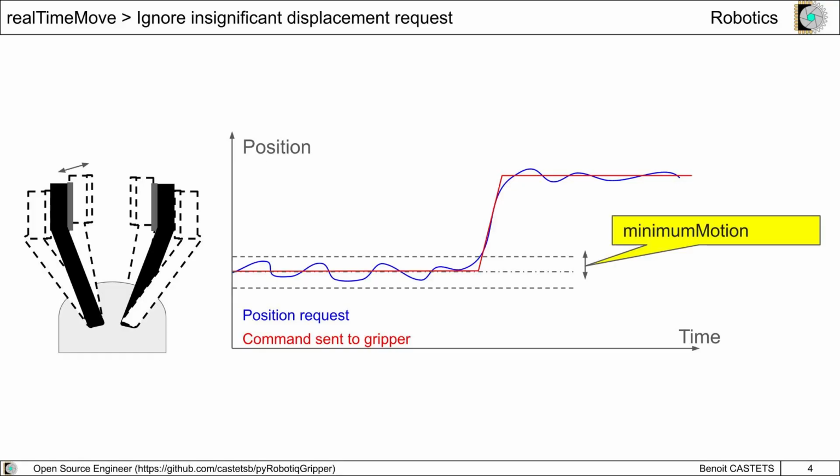If we request a position that is very close to the current position, the gripper will not take this request. It will not move. This is to prevent an effect where the gripper may start to shake around the position.